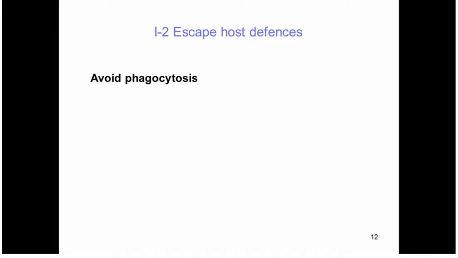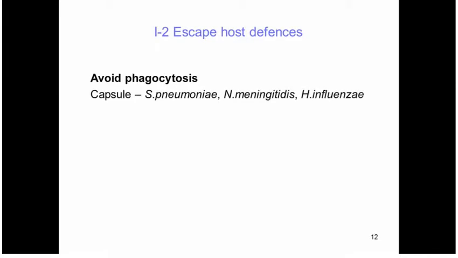So some pathogens try to avoid being phagocytosed entirely, either by having a capsule antigen. Very important. So this is going to cover up the outside of the bacterial cell and hide the structures that are recognized by receptors of the innate immune system. So it's going to hide peptidoglycan. It's going to hide LPS, which are conserved structures.